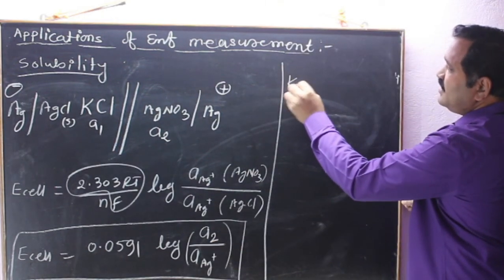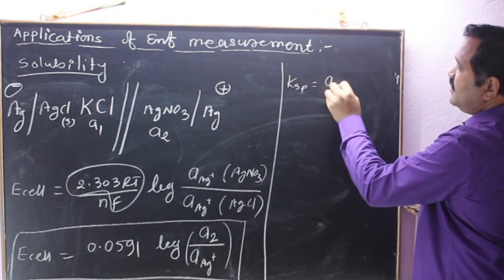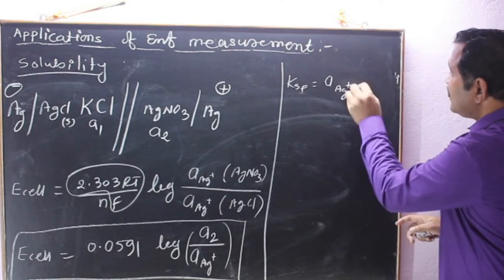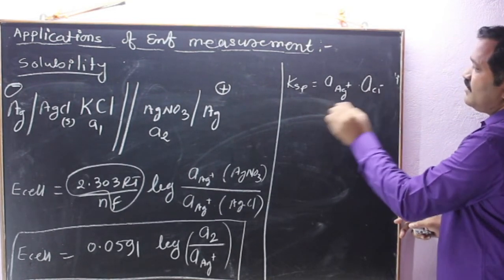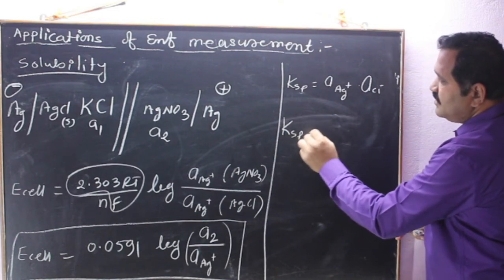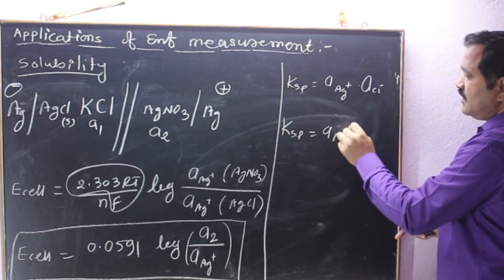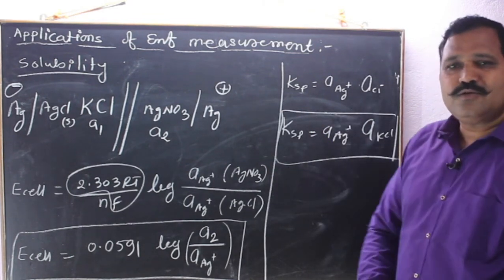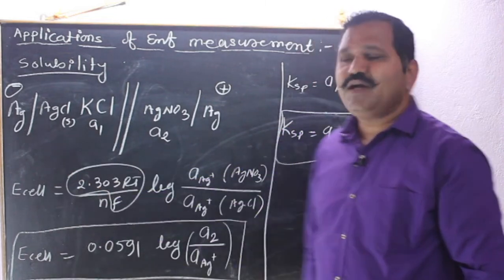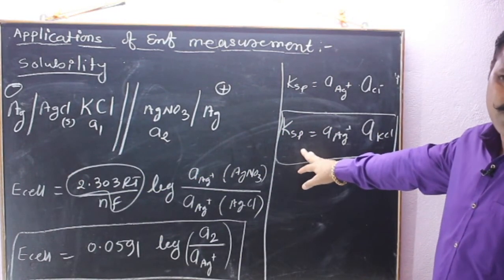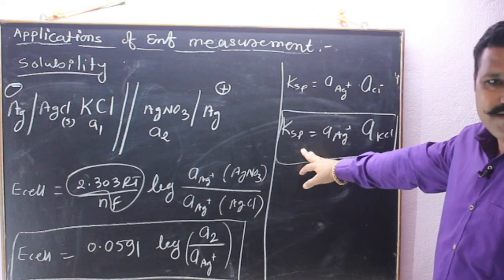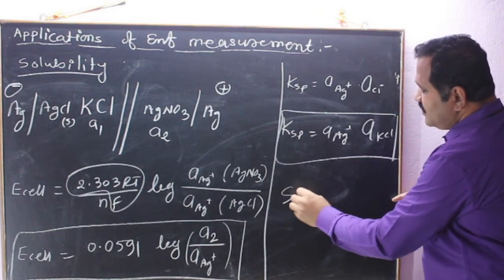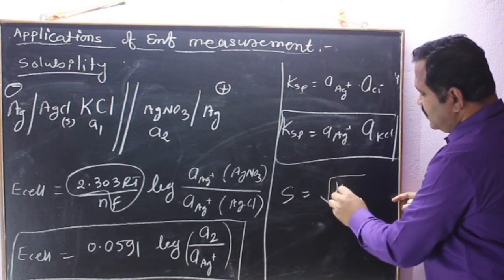Therefore, Ksp is equal to activity of Ag plus, which is determined by this equation, into activity of Cl minus. But this activity of Cl minus is equal to activity of KCl. It is already taken as known concentration KCl. That's why we can determine the Ksp of AgCl. And similarly, once this Ksp is determined, we can determine the solubility, that is square root of Ksp.